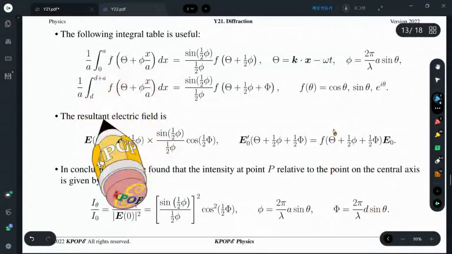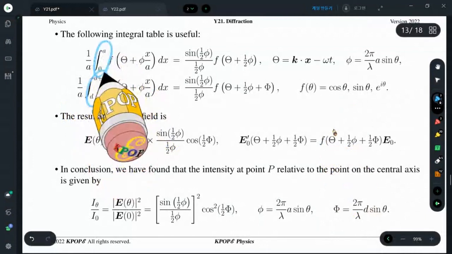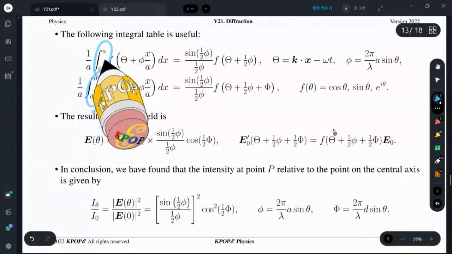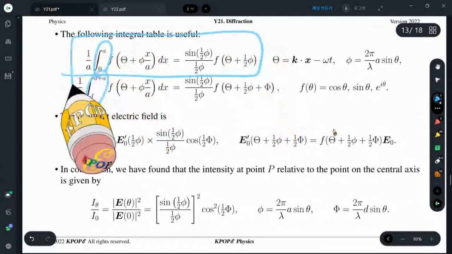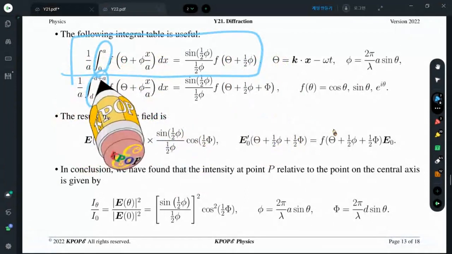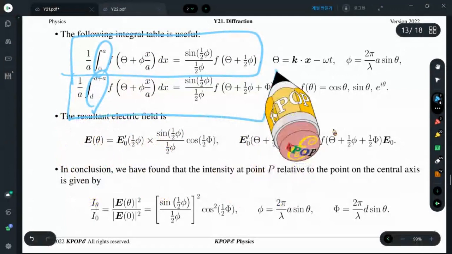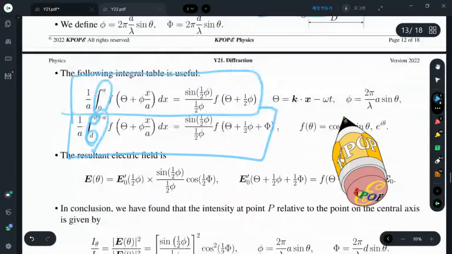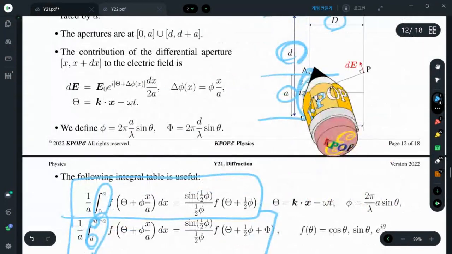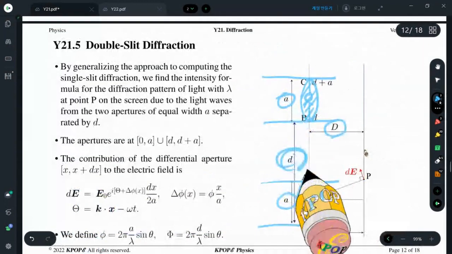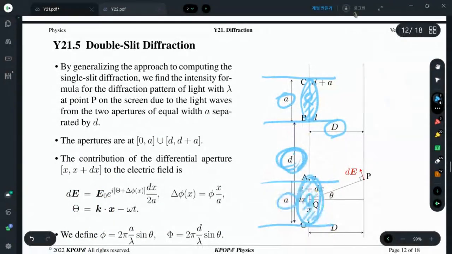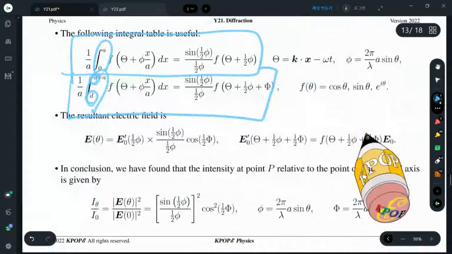You can do the same job, except that the range of the integral, the lower and upper limits, are shifted from 0 to a. This is the single slit experiment. For the double slit, we have to add one more piece that has been translated by small d. This one is the previous result, and we just do the same job after translating x by d.